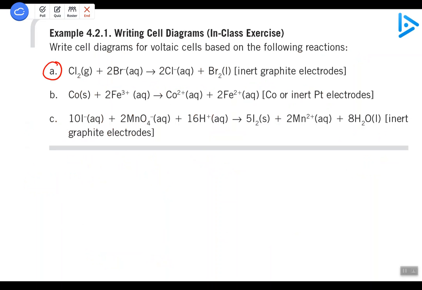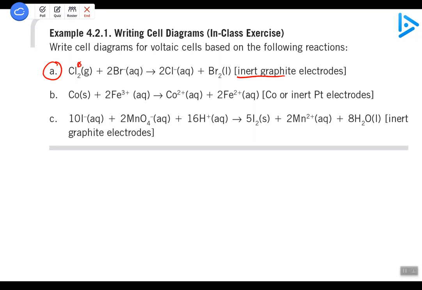Let's start with part A. We want to take this balanced redox equation and turn it into a cell diagram. Here we're told that we need to use inert graphite electrodes because we don't have a solid metal material that can conduct electricity. First thing we need to do is decide what's being oxidized and what's being reduced, so then we know what our anode and cathode are.